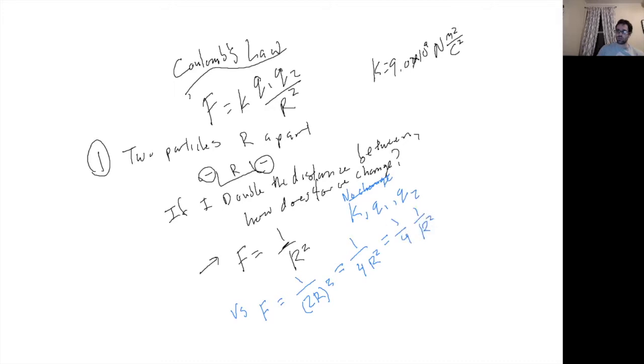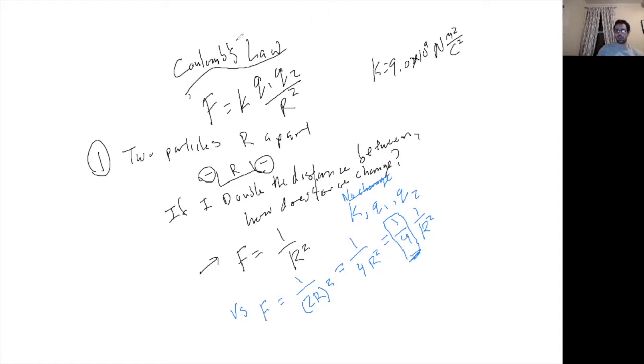But 1 over r squared is our original force, so we have 1/4 of the original force. The coefficient we get out of all of these tells me how the force changes. So the new force is 1/4 of the old force, 1/4 as big.